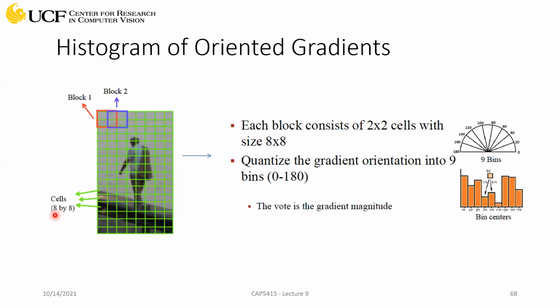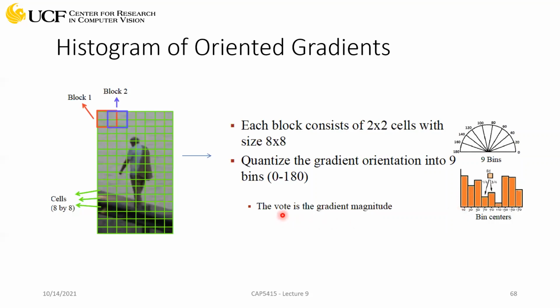For each pixel, or each orientation, you figure out which bin this orientation falls in. For example, if the orientation was 10 degrees, you can see that 10 degrees is in the first bin. Then you take the magnitude of the edge, how strong that edge was in the direction of 10 degrees, and you put that magnitude in the first bin.